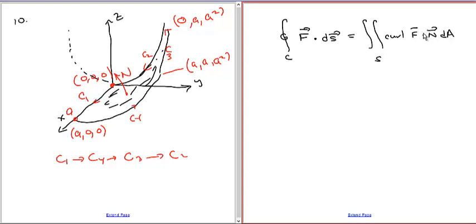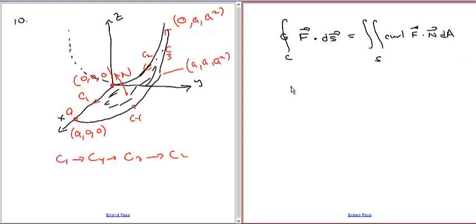So this n is a normal vector, I guess a unit normal vector. It's this vector here, which is not constant across this integral.